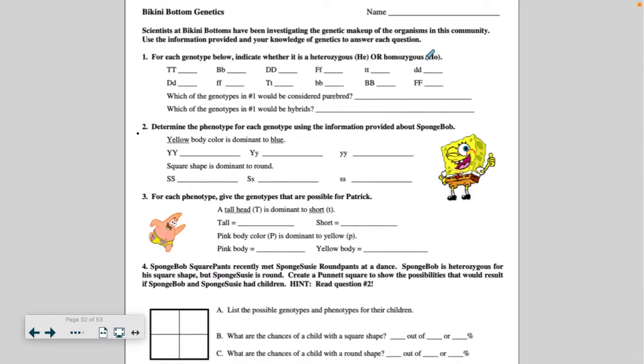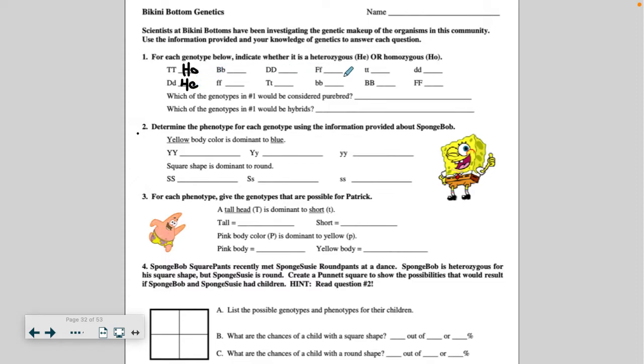If they are an uppercase and a lowercase, then it's heterozygous. It's a hybrid, right? So big T, big T, they're both capitalized, so that is homozygous, so I'm going to write Ho. Underneath it, big D, little d. I have a capital letter and a lowercase letter, so that is heterozygous, and I'm going to write He.